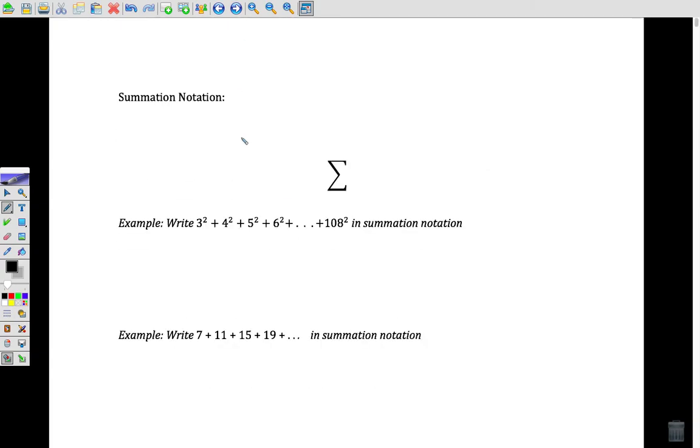Now there's this specific form we use called summation notation, which is just a quick way to write a sum without having to write out, for example, 1 plus 2 plus 3 plus 4 plus 5. It's a shorthand way to represent a series.